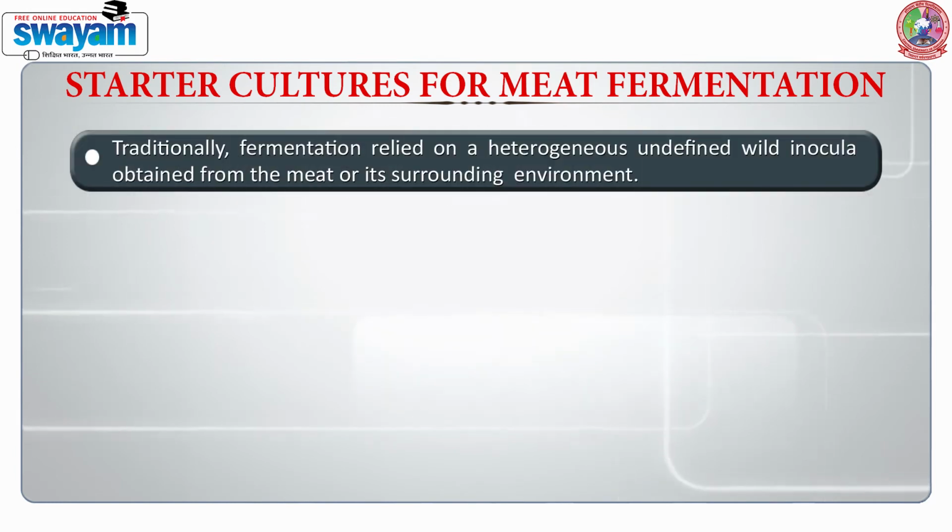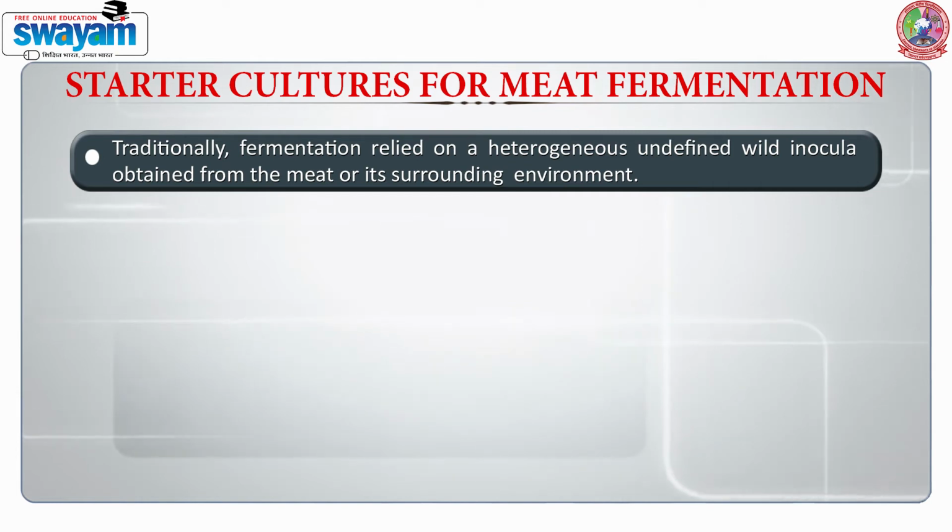There are certain starter cultures which are often used for the fermentation of meat. Traditionally, the fermentation relied on a heterogeneous, undefined wild inocula obtained from the meat or its surrounding environment.